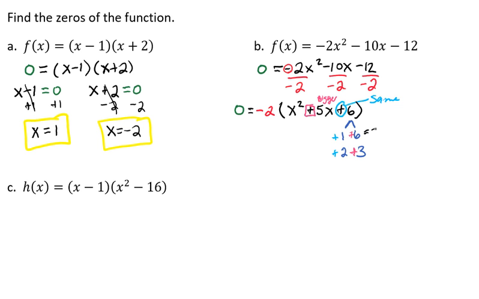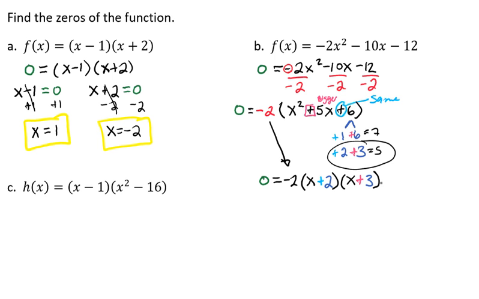If I carry that out, 1 and 6 gives me a 7 and 2 and 3 gives me a 5. So I want to use the 2 and the 3. So now I have 0 equals, I need to bring down the negative 2, so negative 2 times (x plus 2) times (x plus 3).